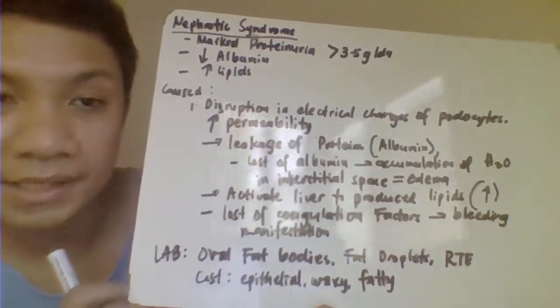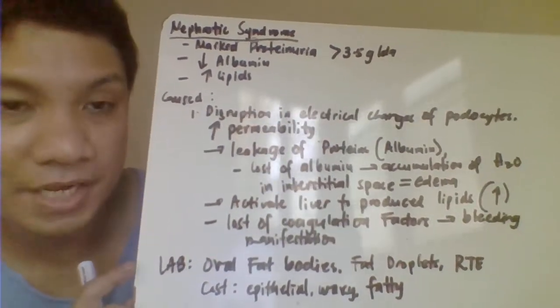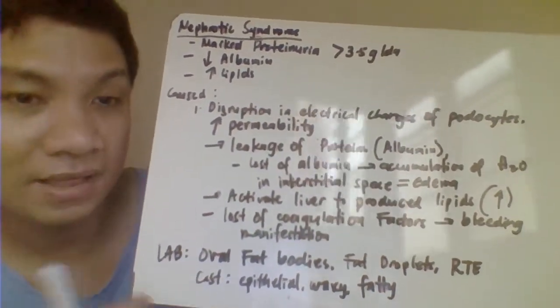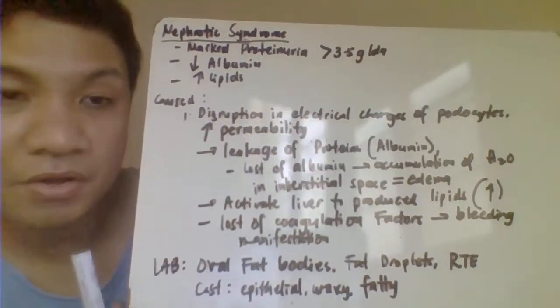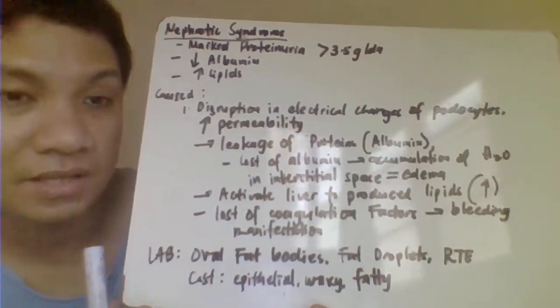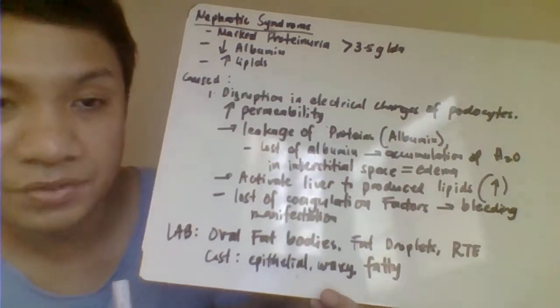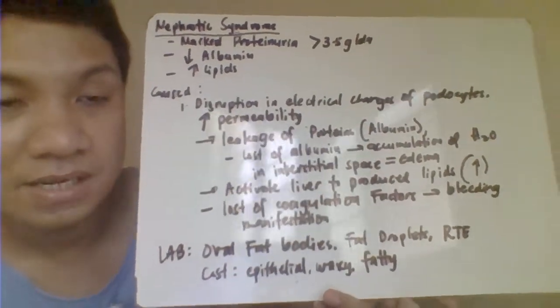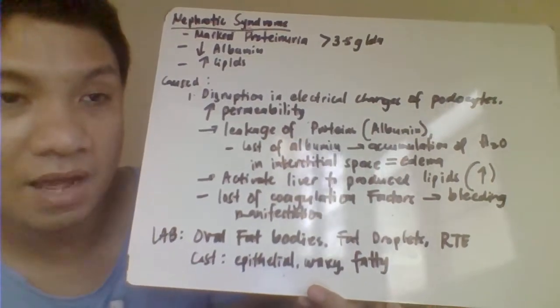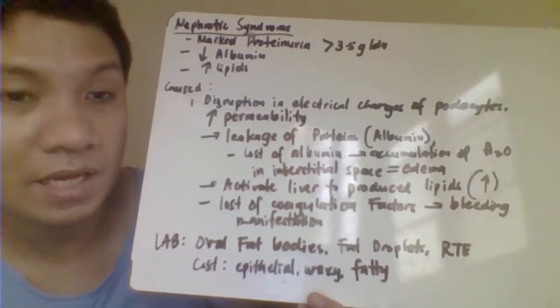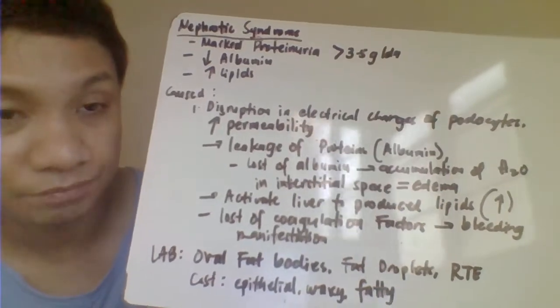Okay, so this is also characterized by decreased albumin concentration with high fat production or high lipid production. Okay, the problem with your nephrotic syndrome here is because of the changes in the electrical charges in the podocytes of your glomerular membrane that would disrupt the tightly fitted na mga podocytes which are responsible for the filtration.